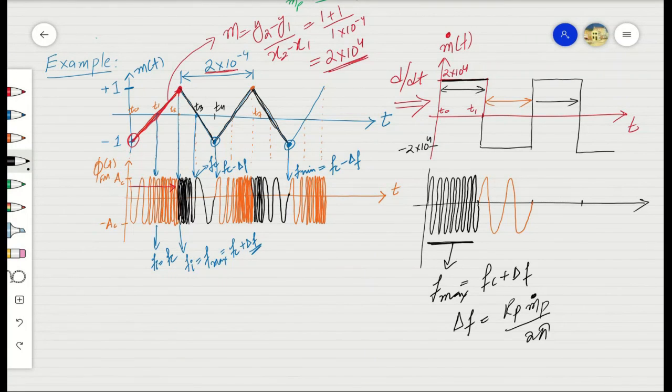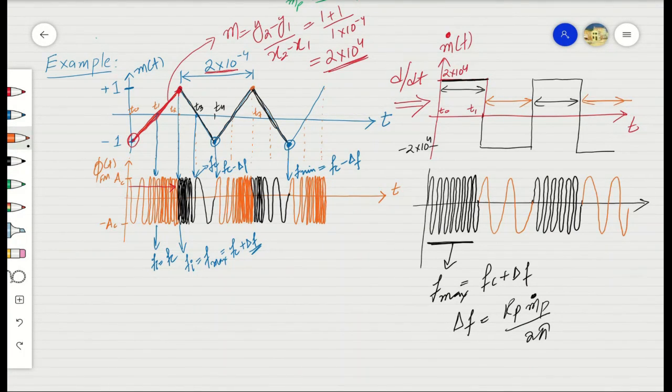Again, the frequency of the carrier signal will change directly with respect to the amplitude of the derivative of the information signal for such phase modulation schemes.